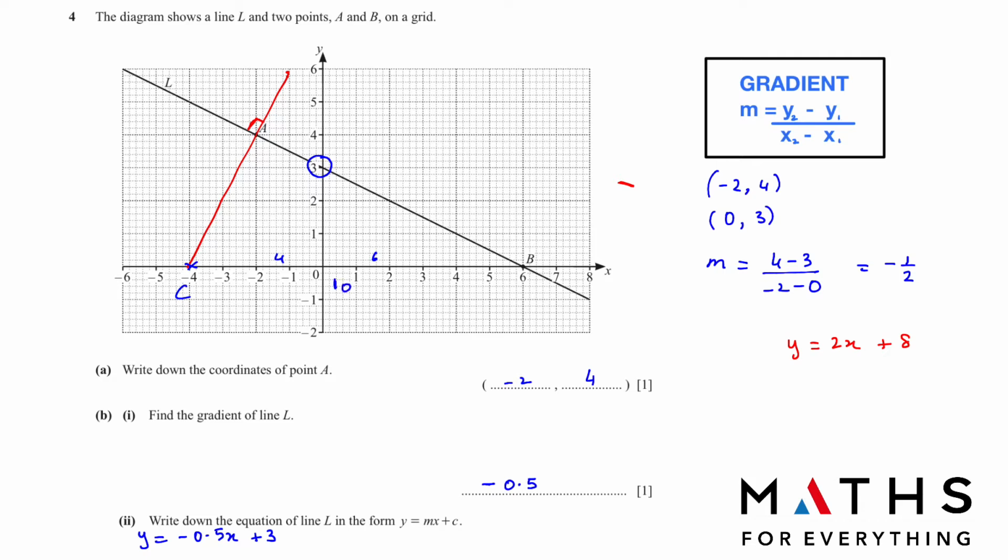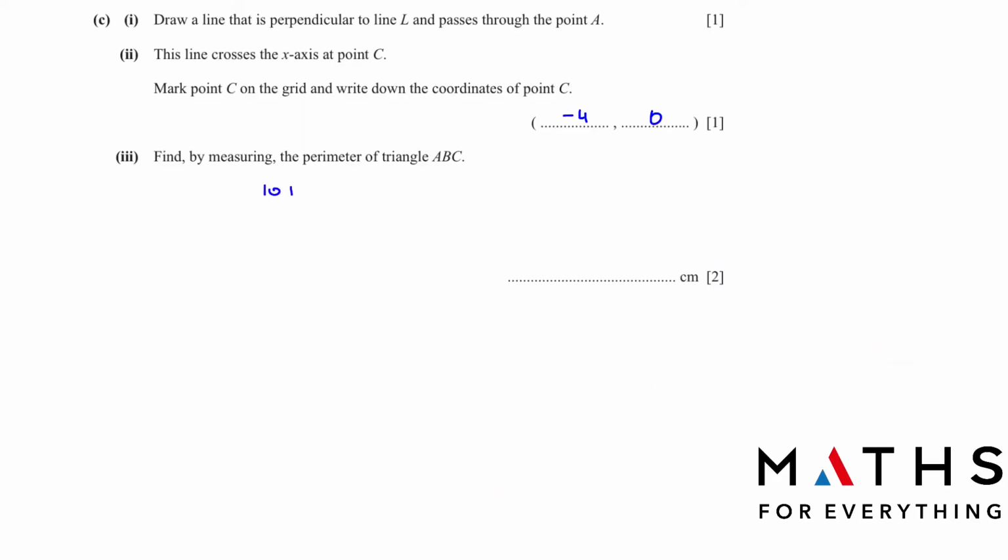And 1, 2, 3, 4, 5, 6, 7, 8. This is 8. 1, 2, 3, 4. Perimeter means you add the outside values. So we have 10 plus 4 plus 8. 10 plus 4 plus 8 will give us 20.